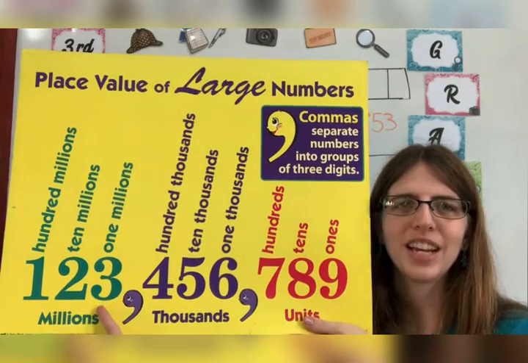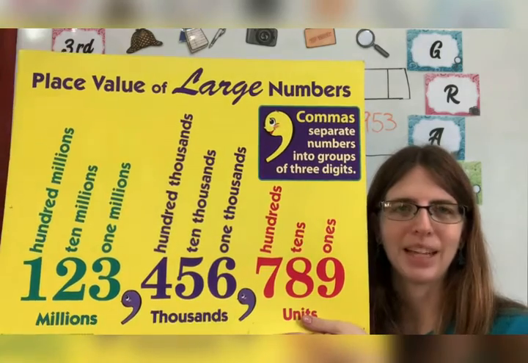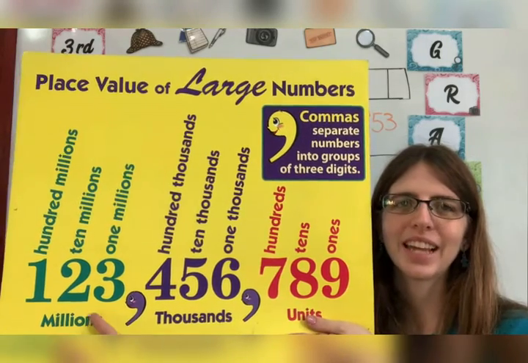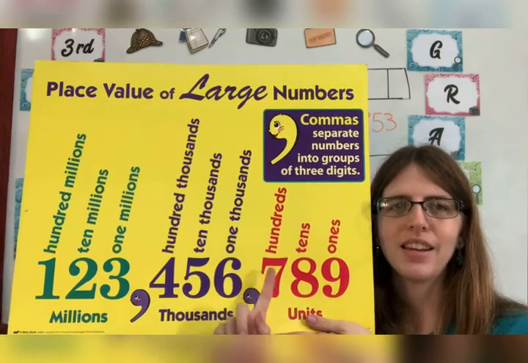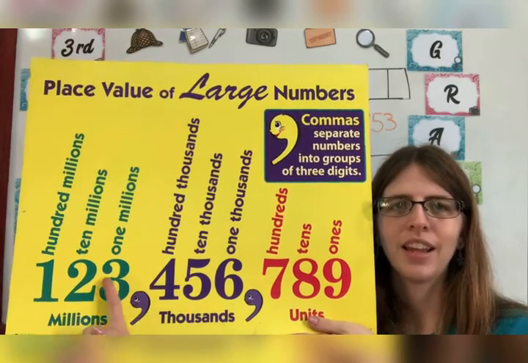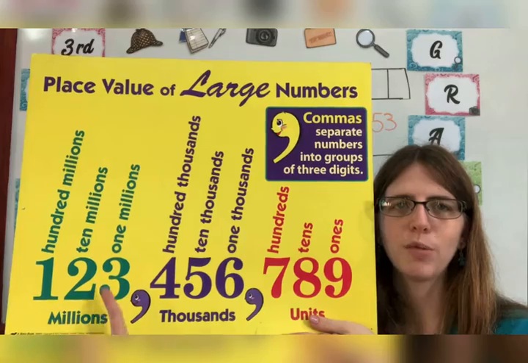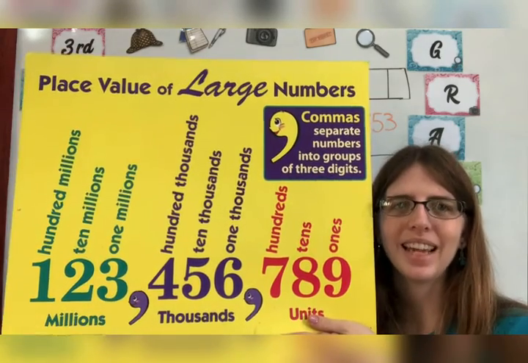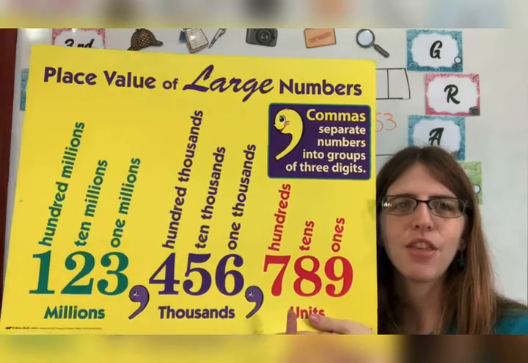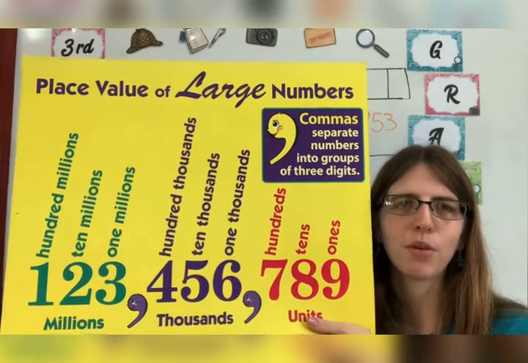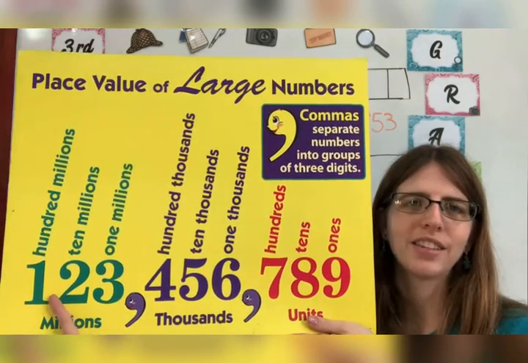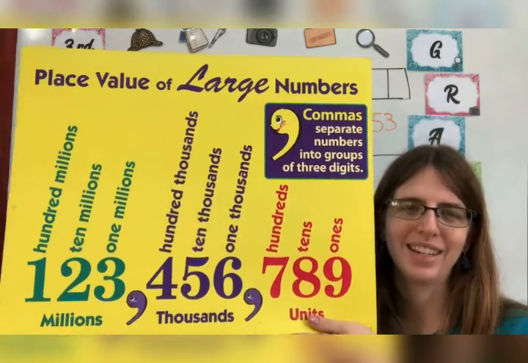My second digit always starts with the tens. 10, 10,000. Well, this one is the millions group, so it's 10 millions. And the third one always is hundreds. 100 and then the name of the group. So this one is 100 millions.